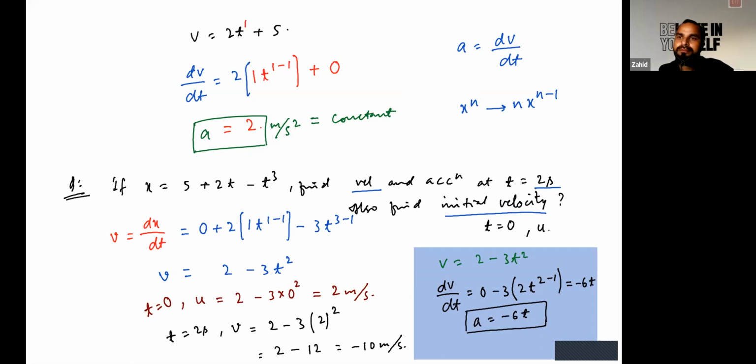Salman, on putting t equals 2, it would be nothing but minus 6 into 2, which becomes minus 12 meter per second squared.